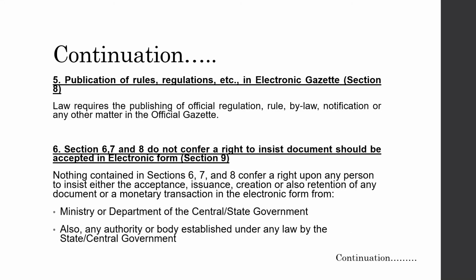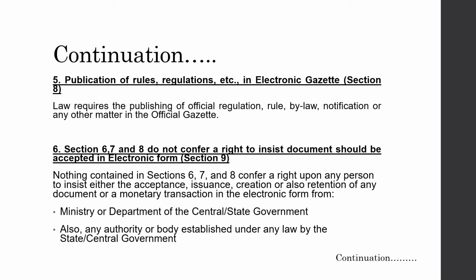Next is section 8, which says publication of rules and regulations in the electronic gazette. Okay, so whenever rules and regulations are coming, that means an act or any bill is written and passed in the parliament, and rules and regulations are published. Law requires that if any official regulation or rule or bylaws or notification or any other matter is published by the government side, they need to publish it in the official gazette.